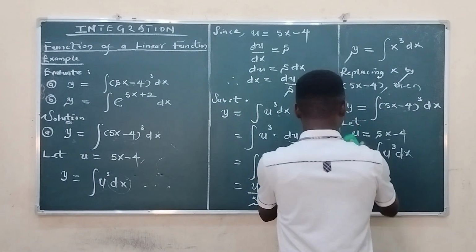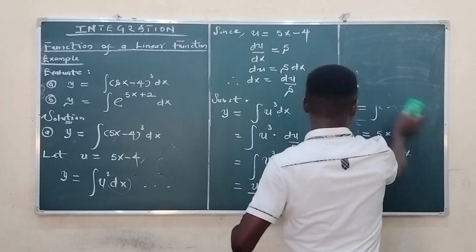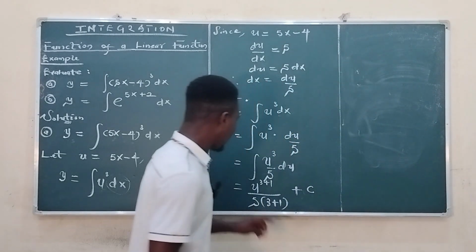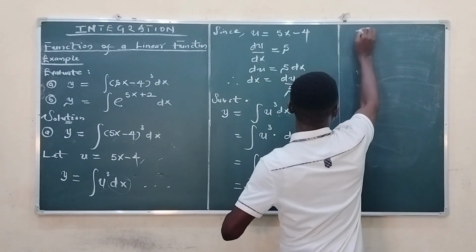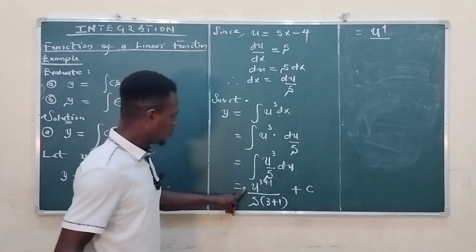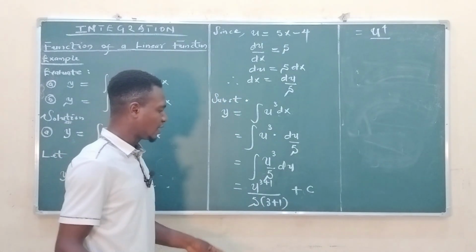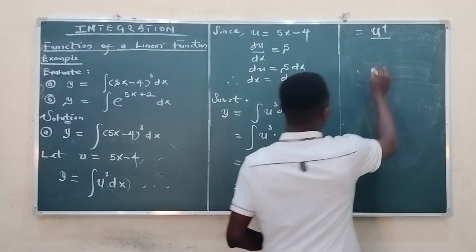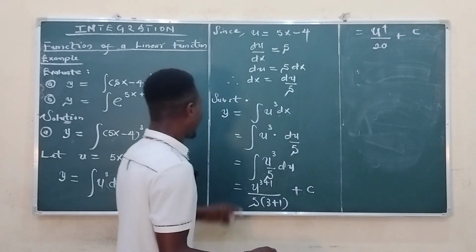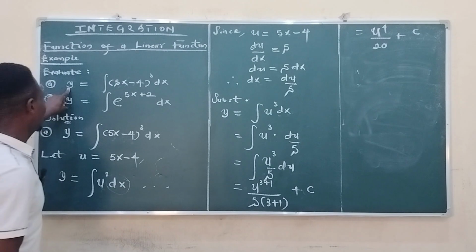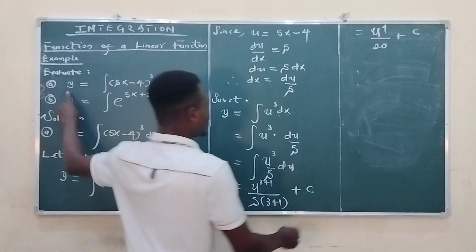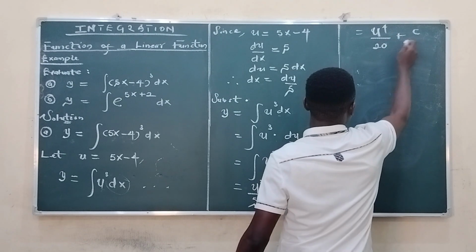So this is going to be equal to u raised to the power of 4 all over 5 times 3 plus 1. That is going to give us 20. So we have 20 plus c. So the value of y is equal to u raised to the power of 4 all over 20 plus c.